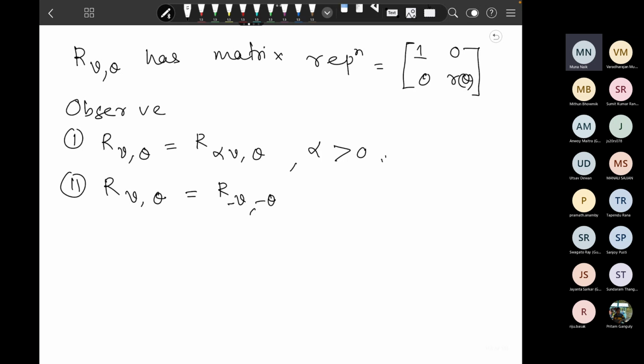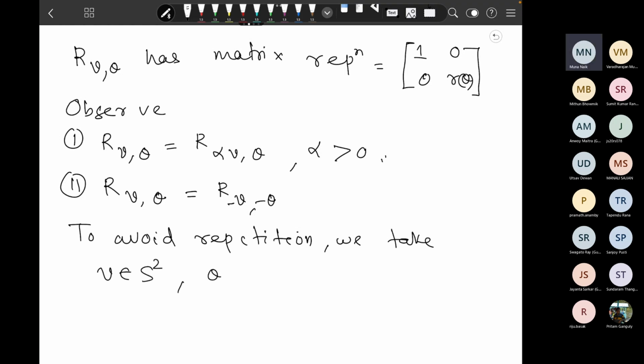To avoid repetition, we take v belongs to S2 and theta belongs to 0 to pi, because of this condition R(b, theta) is equal to R of (minus b, minus theta).